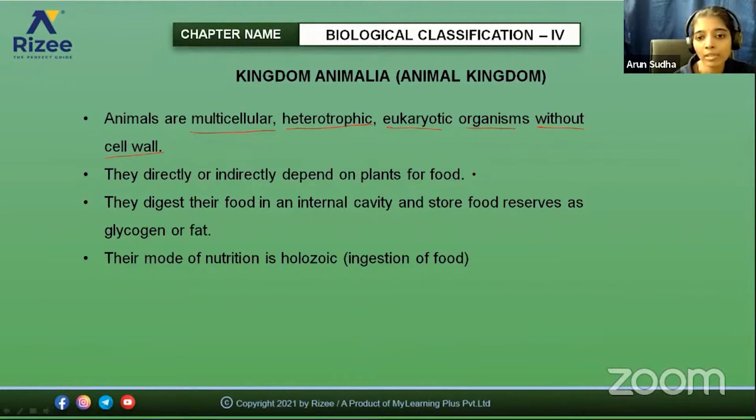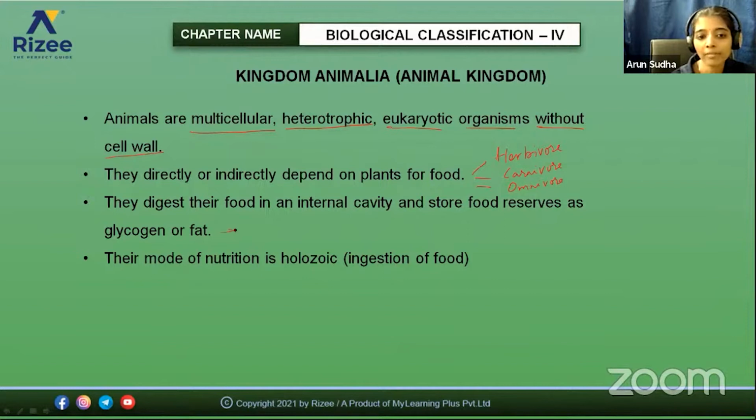Based on this, there are several classifications, like herbivores, carnivores, and omnivores, based on the type of food. There are different types of animals. They digest the food in an internal cavity and store food resources as glycogen or fat.